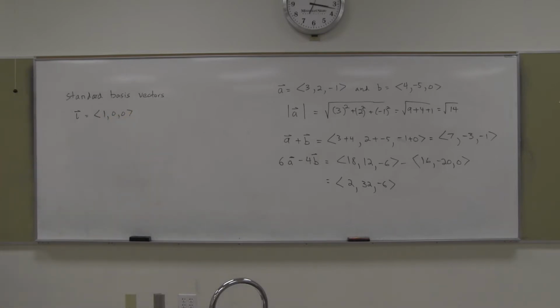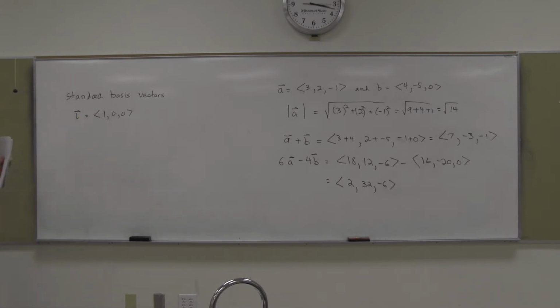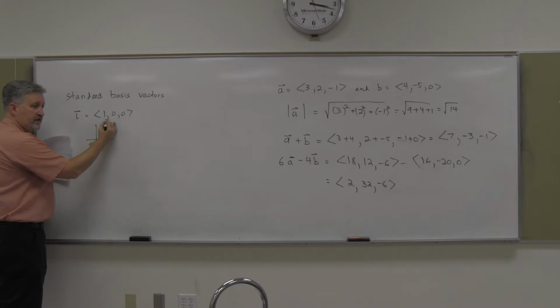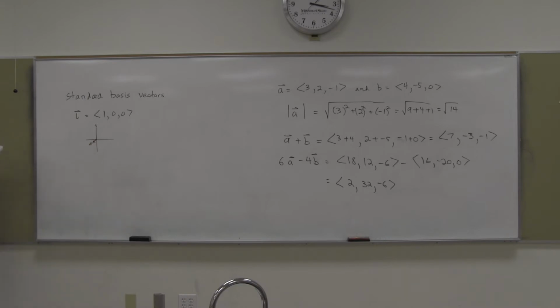Basically, it breaks out one piece of it. This represents a vector in the X direction. So you have 1 in the X, 0 in the Y, 0 in the Z. You just have a 1 unit long vector along the positive x-axis. It's 1 unit long, but only in the x direction.